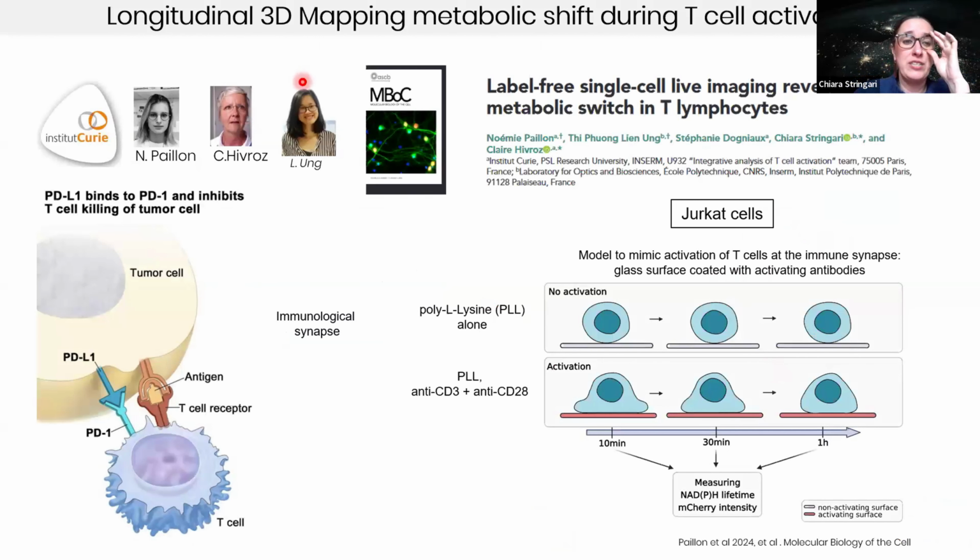This is a collaboration with Claire Rose and Noémie Paillon, and this is work done by Lin Ung. In this paper, we measured the fast metabolic switch in T lymphocytes, in T cells, label-free, by performing longitudinal imaging of the T cells.